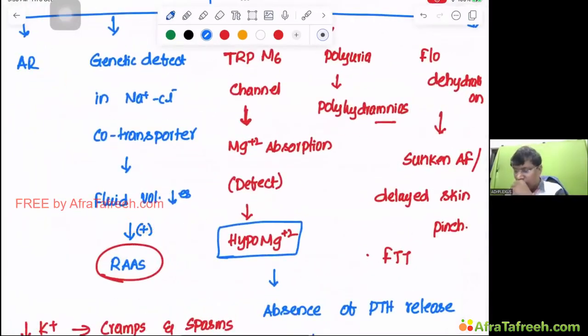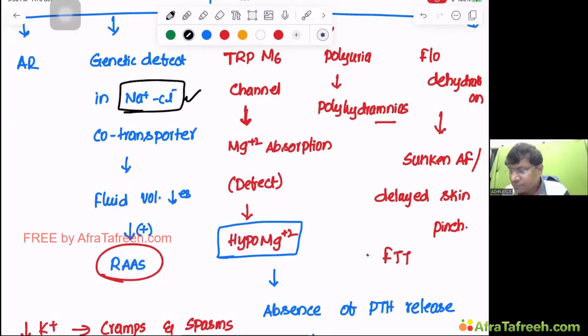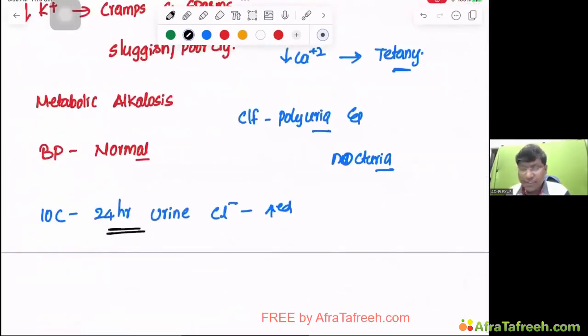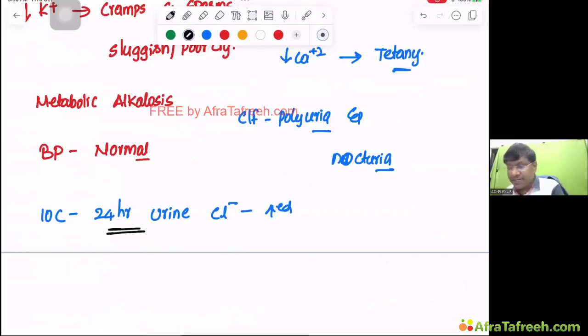It is a very simple concept. The sodium chloride co-transporter is inhibited or defective, so chloride is lost. Why are we not taking 24-hour sodium levels? Because of the activation of RAS, aldosterone is released, which causes sodium absorption, so we do not take sodium into consideration here.